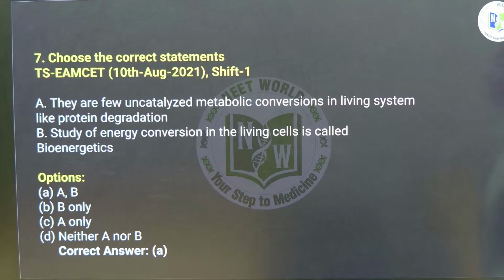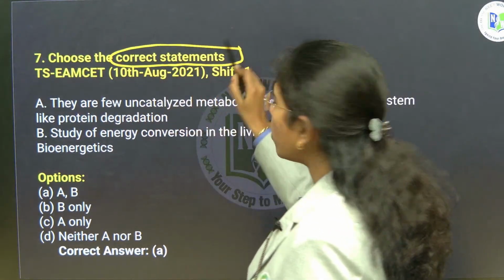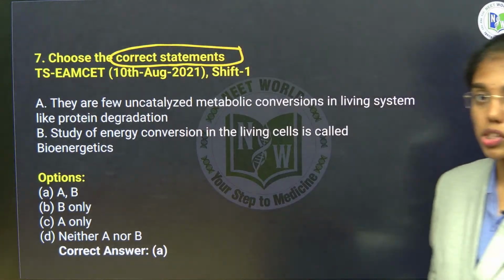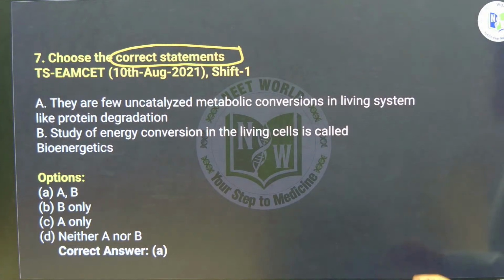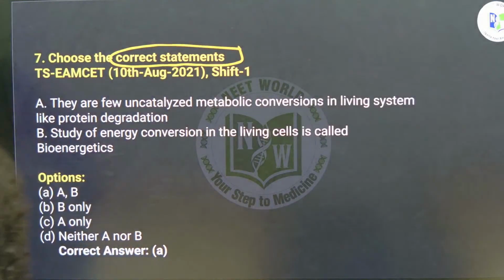Next question, we need to choose the correct statements. Mostly from biomolecules, if you look at the set of questionnaire, it will be statement based and match the following type of questions. Here you see it carefully. There are few uncatalyzed metabolic conversions in living system like protein degradation. True.